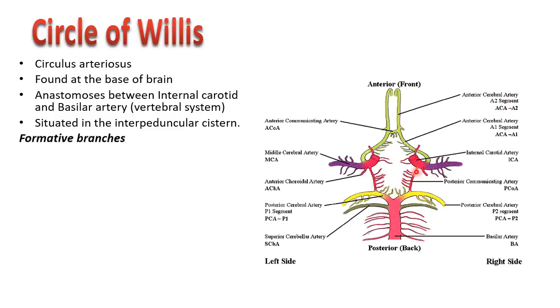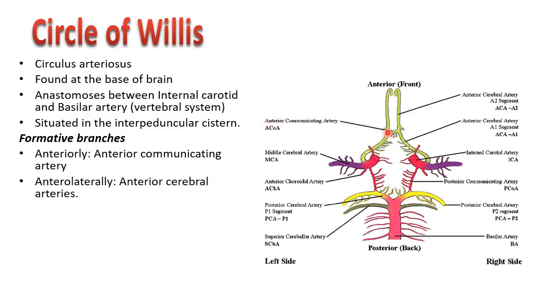So what are the formative branches? Anteriorly, it is formed by the anterior cerebral artery, and both anterior cerebral arteries are connected by the anterior communicating artery, ACOA.